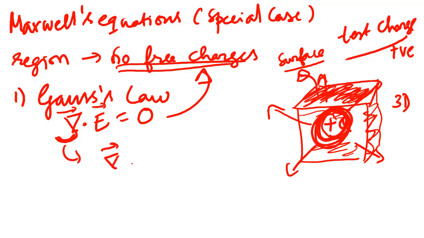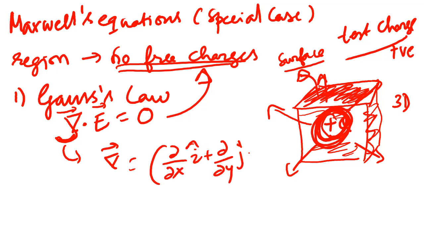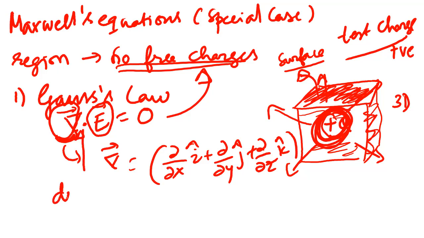This is a vector operator, ∂/∂x i plus ∂/∂y j plus ∂/∂z k. You're looking at the spatial variation within the electric field and making it a vector. This is a vector and this is another vector; the electric field has a direction, so it's a vector. So when you take the dot product of two vectors, it gives you a scalar, right?